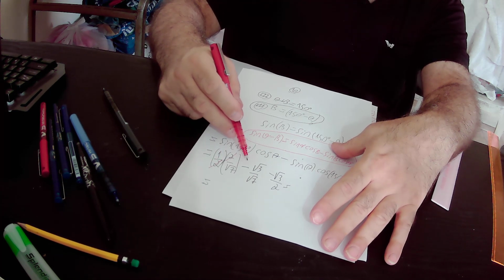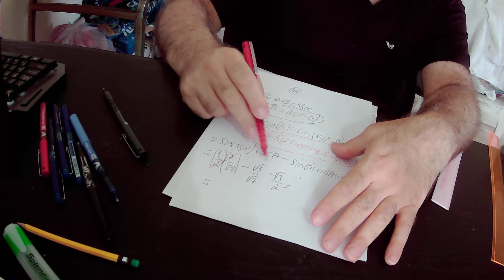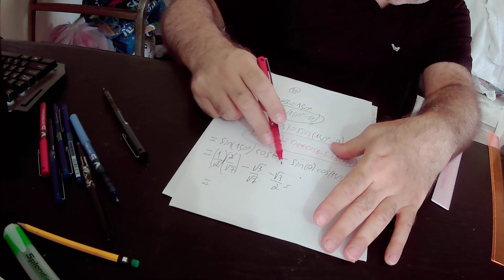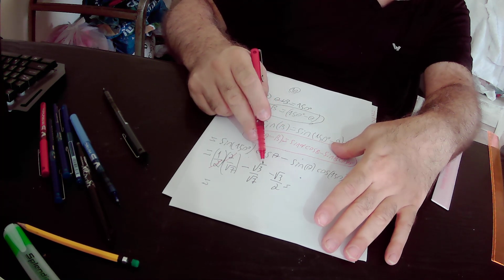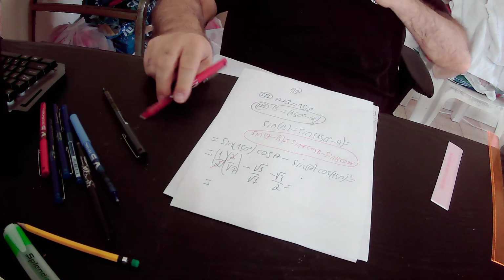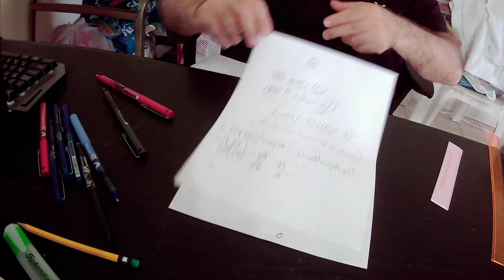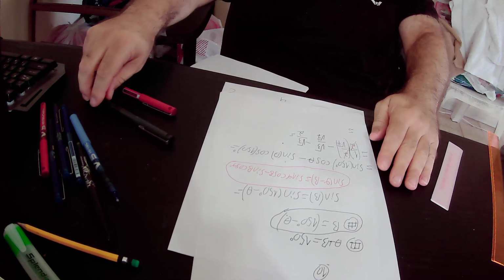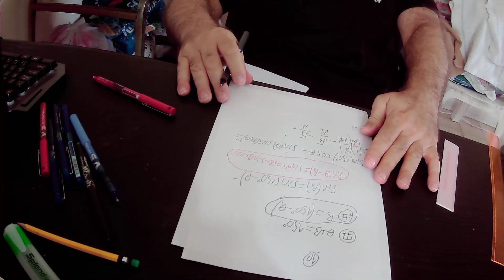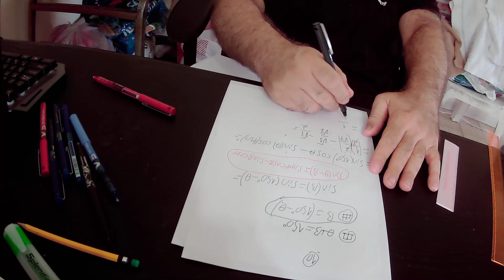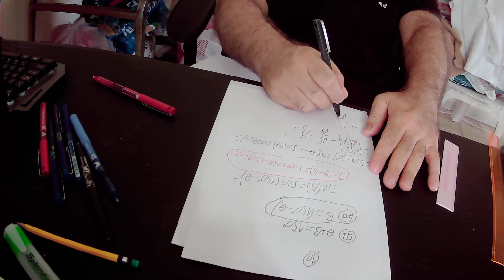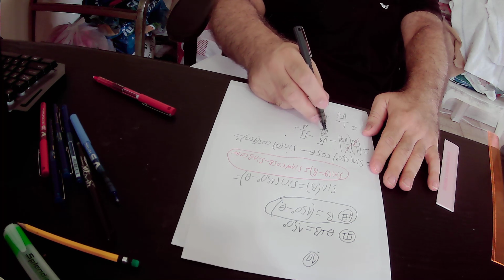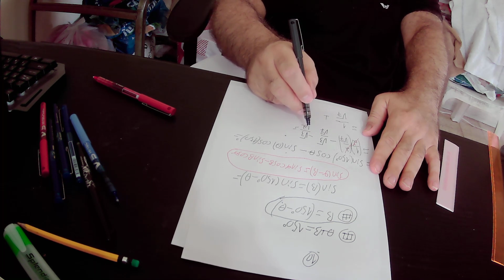And here we have minus times minus, which is plus, and root 3 times root 3 is 3. So in total we get 1 over root 7, minus times minus is plus, and root 3 times root 3 is 3.